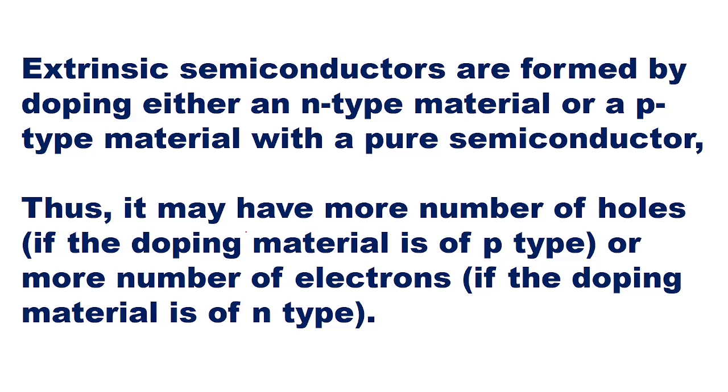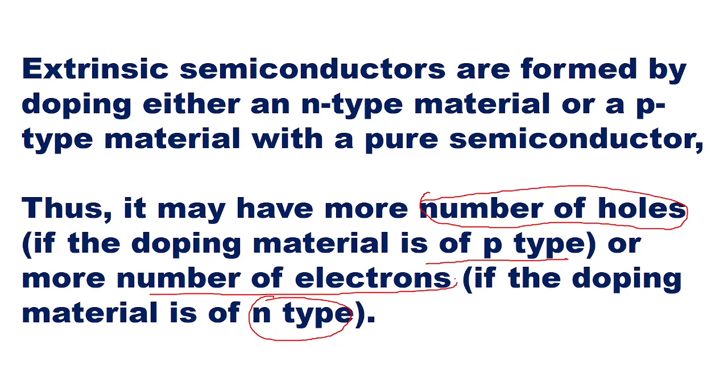So here we can conclude that if the doping material is of P-type, then we will get a large number of holes in an extrinsic semiconductor, and electrons will be less. And if the doping material is N-type in nature, then we'll get a large number of electrons in that particular extrinsic semiconductor.